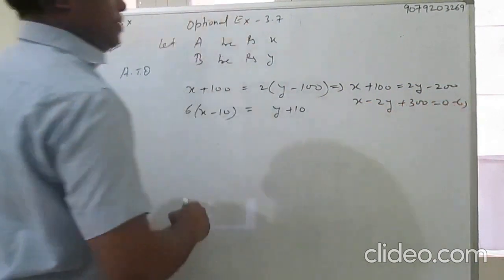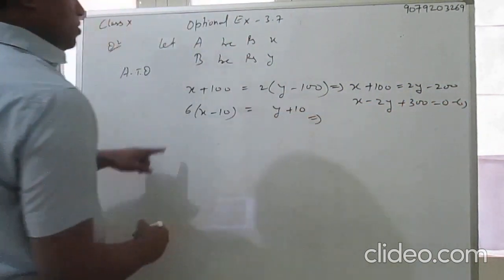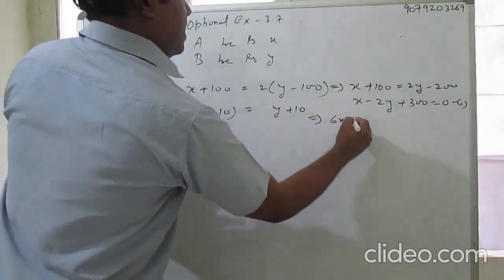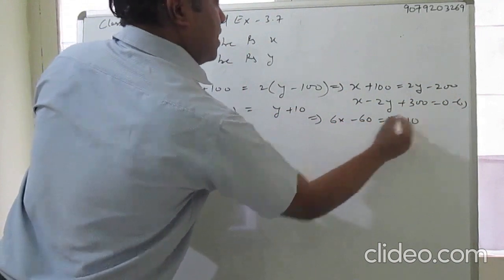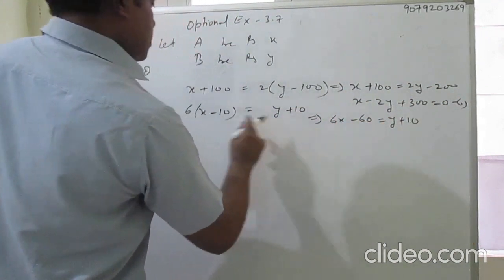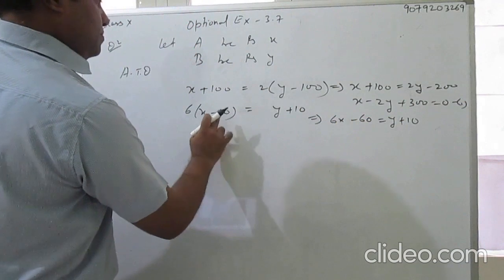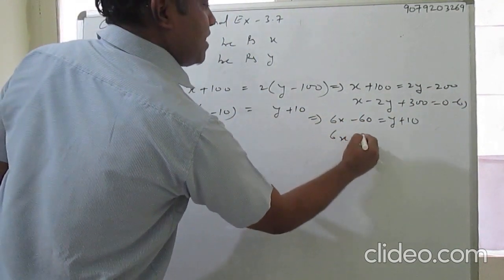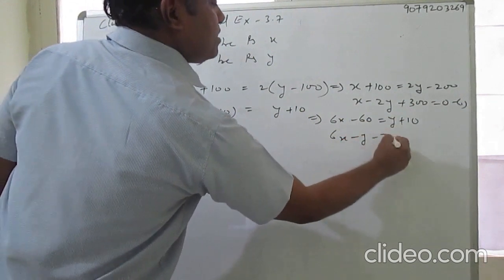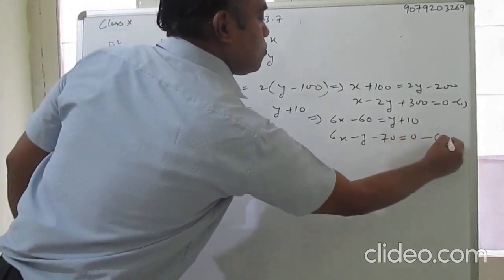This is equation 1. Now from this set, 6x minus 60 is equal to y plus 10. So 6x minus y minus 70 is equal to 0. This is equation 2.